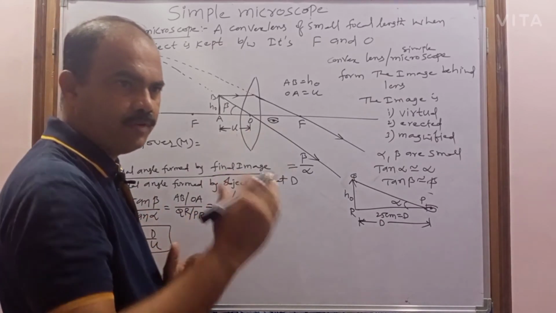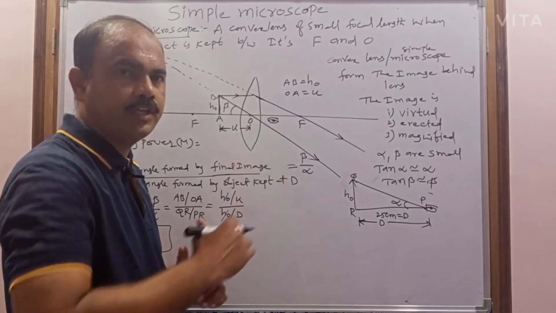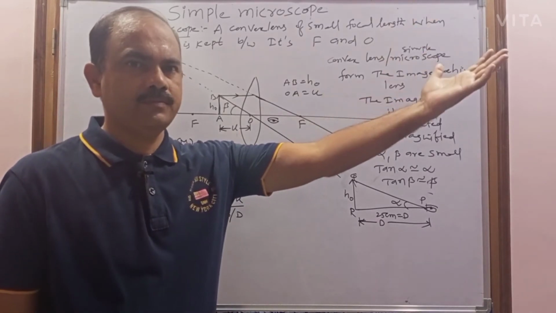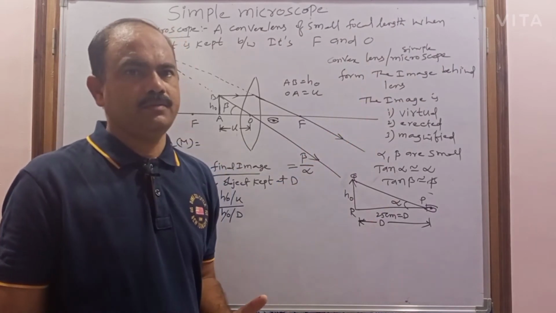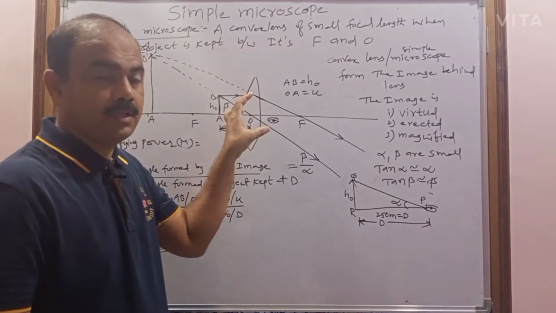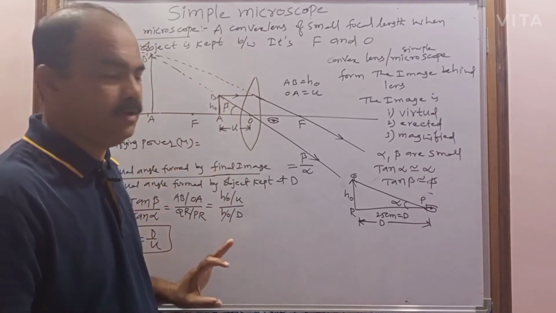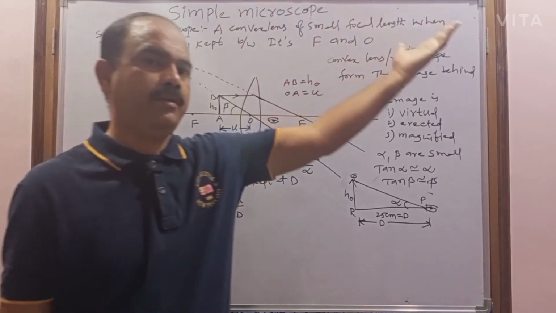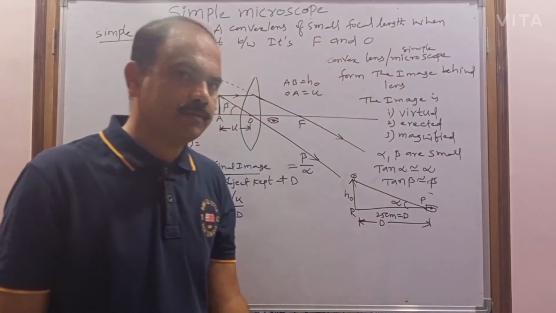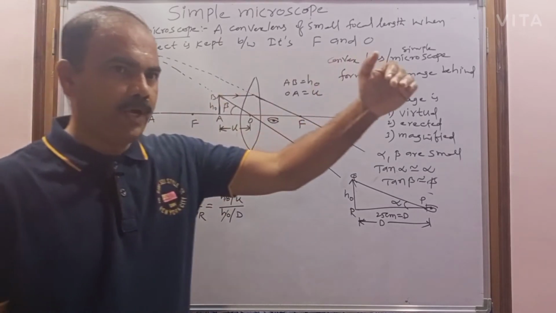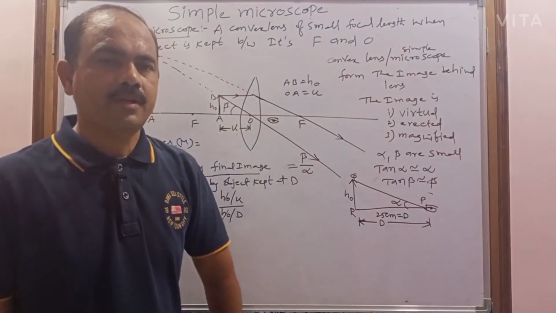By changing the visual angle, we have to form the image at the far point and at the near point. By adjusting this optical instrument, we have to form this image at infinity, or the far point, as well as at the near point, which is 25 centimeter.